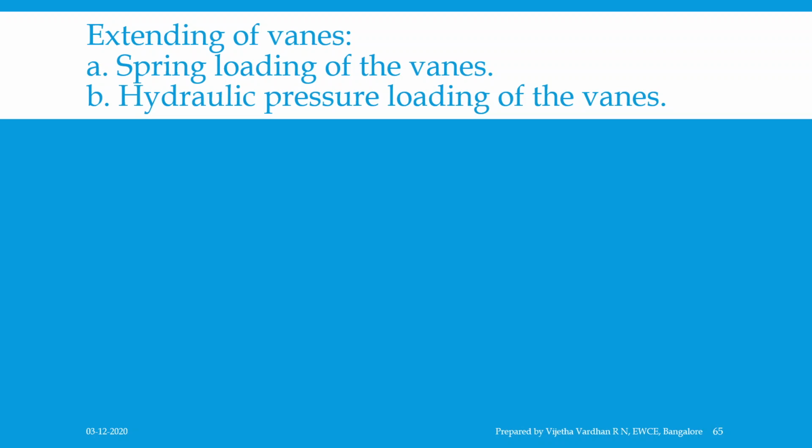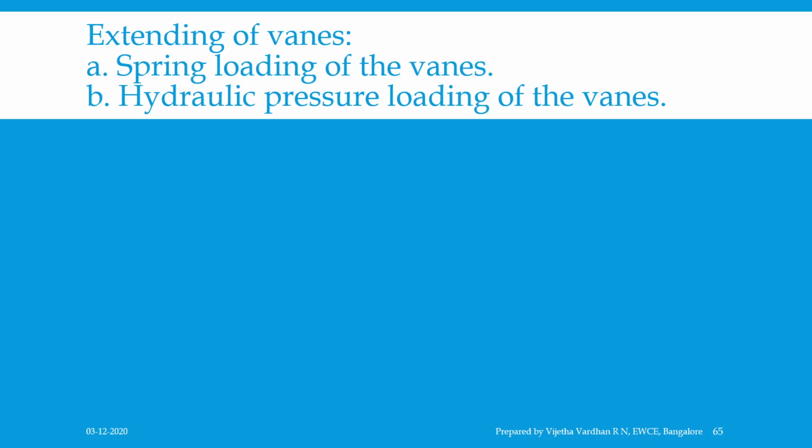Coming to the next concept, extending of vanes. In the case of a sliding vane type pump, the vanes get extended due to the centrifugal force when the rotor rotates. But in the case of a vane motor, the extending of vanes cannot take place by the centrifugal force and create a positive seal between the camring and the vane tip, as the vanes are acted upon by the pressurized oil.